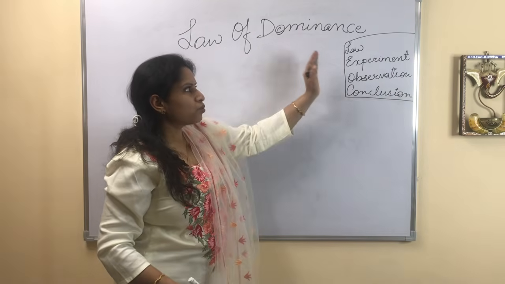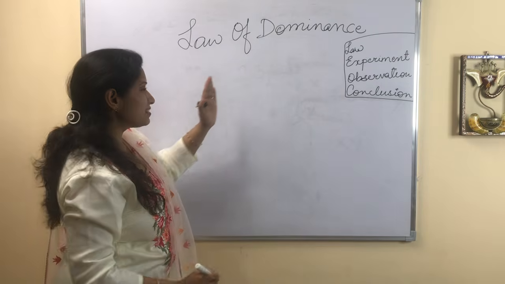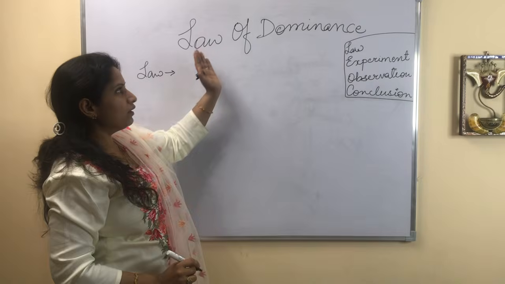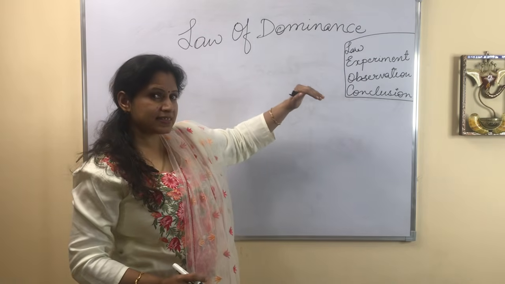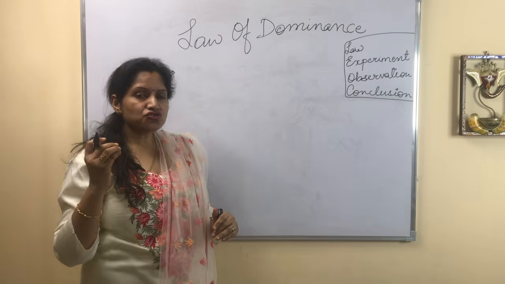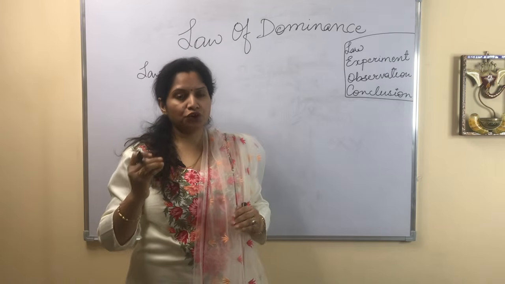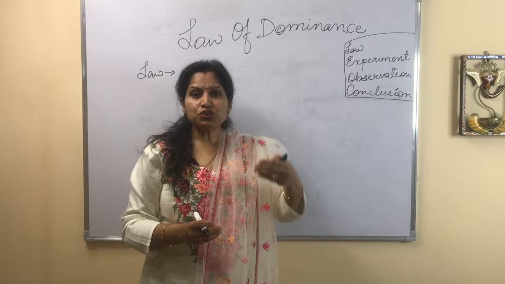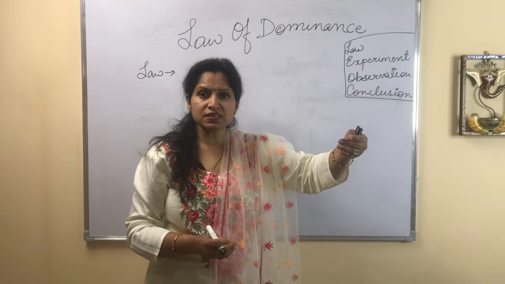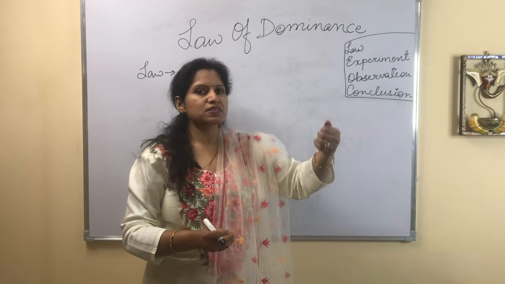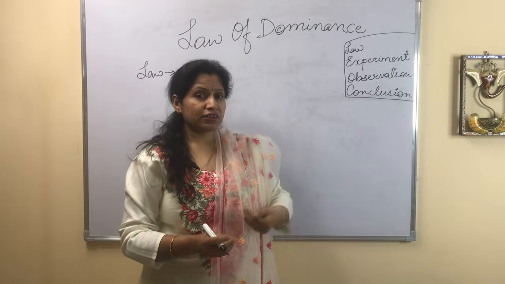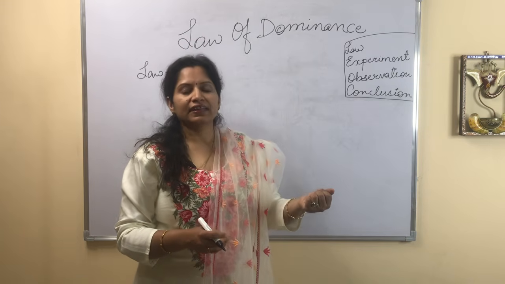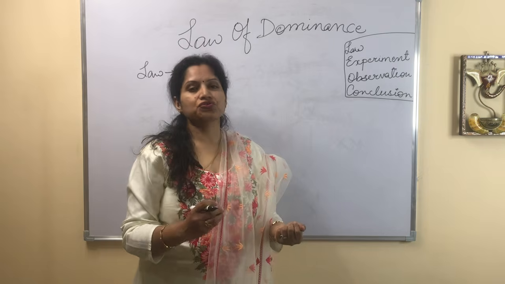Okay, so first, what does the law state? The law of dominance states that the traits could be dominant or recessive. A trait that is able to express itself even in the presence of a recessive feature is known as a dominant trait, and a trait which is not able to express itself in the presence of another trait is known as a recessive trait.